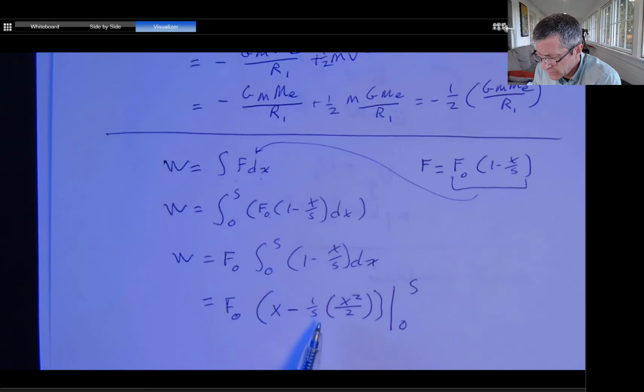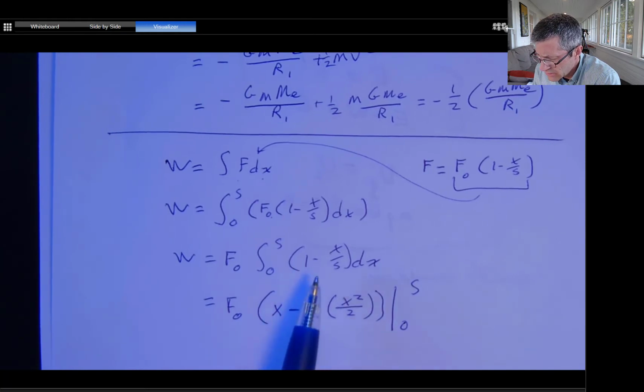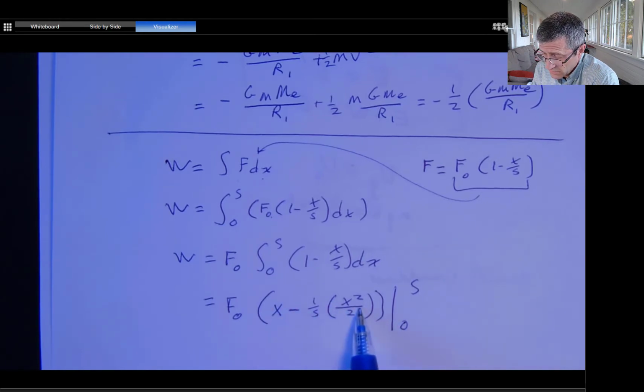Check the calculus, make sure that makes sense to you. I can think of it as evaluating two separate integrals, one of dx and one of negative x dx over s. When I plug in s, I'm just going to get s squared. When I plug in 0, I'm going to get 0, so I get nothing.